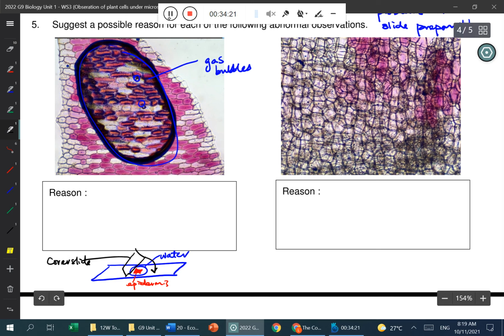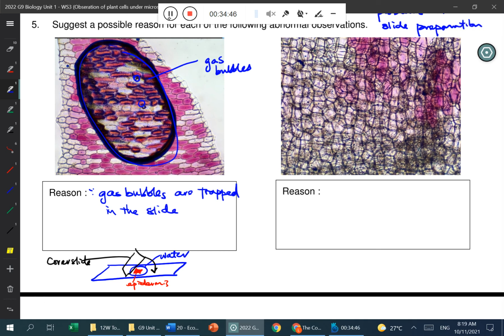When you let the cover slide fall down to cover, accidentally some gas bubbles may be trapped. So that's why you can see these gas bubbles are of random sizes, because they are accidentally formed.